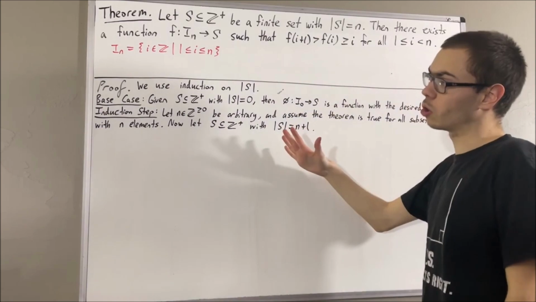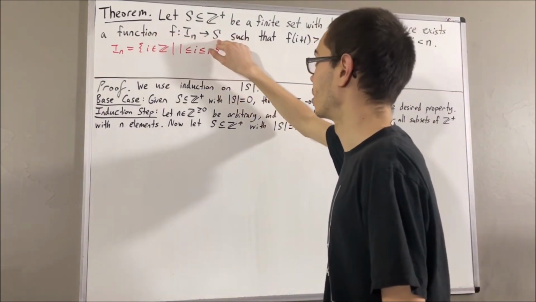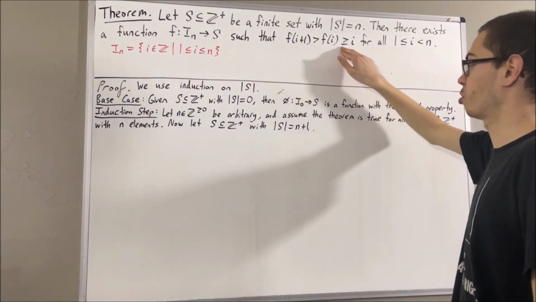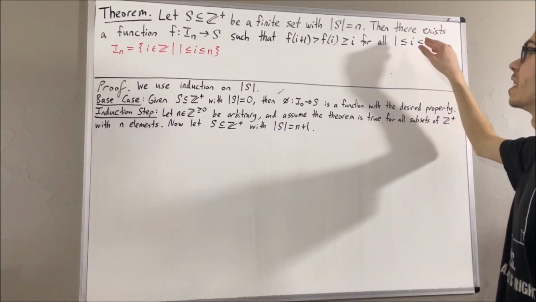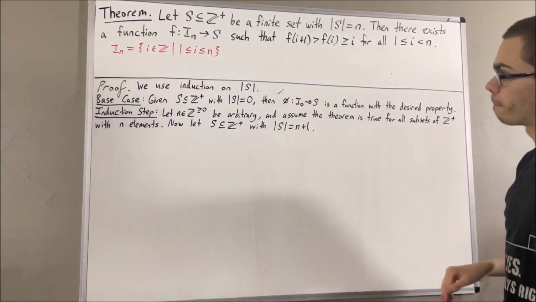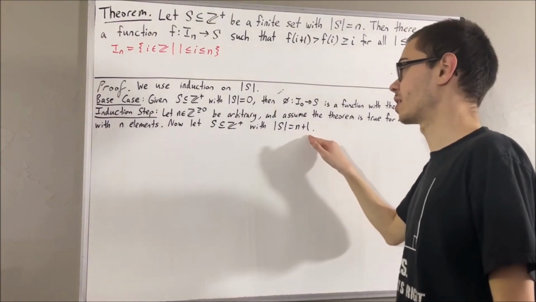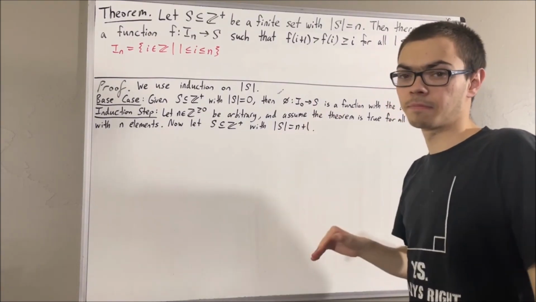From here, the whole goal is to find a function f from I_{n+1} to S, which has the property that f(i+1) > f(i) ≥ i for all integers i such that 1 ≤ i < n+1. Since S has n+1 elements, and n+1 is greater than 0, S is non-empty.